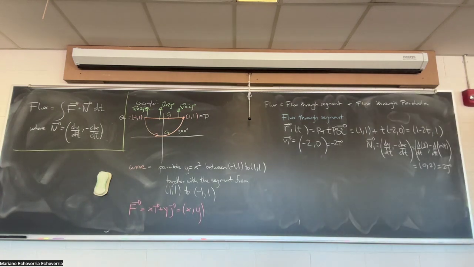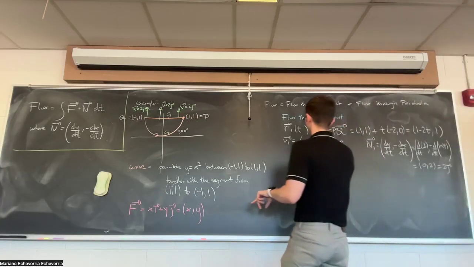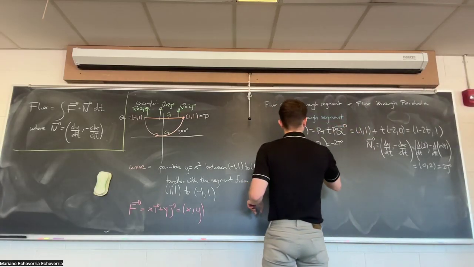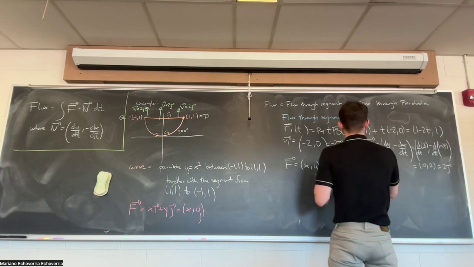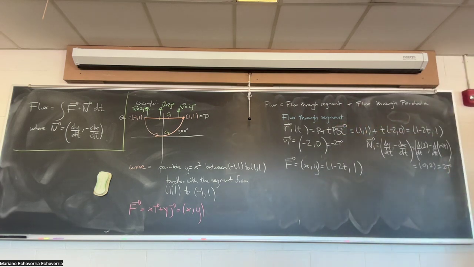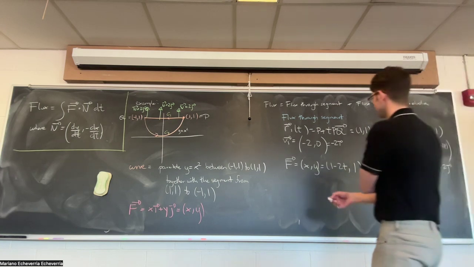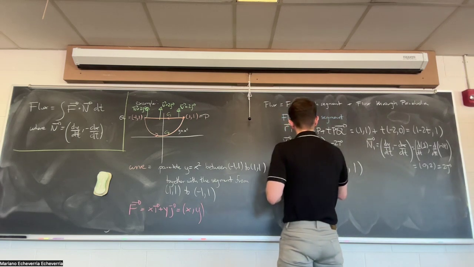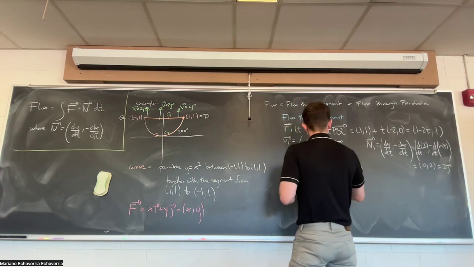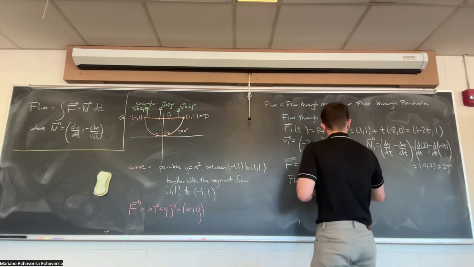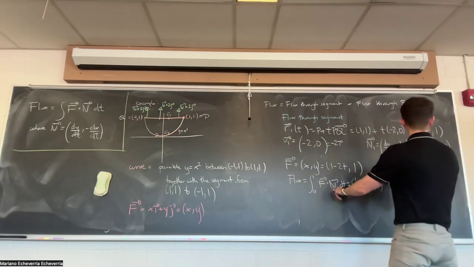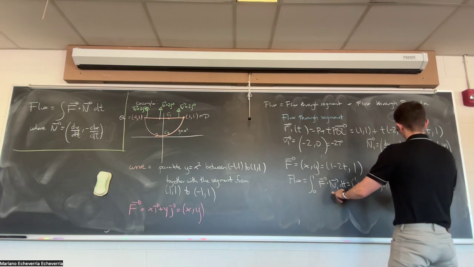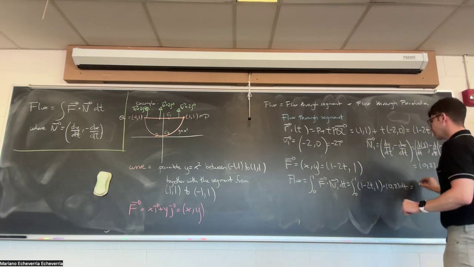Once you have that, you can parameterize the vector f. What is the vector f along this curve? The vector was (x, y), but x is 1 - 2t, and y is 1. So that is what the vector f is along this curve. And so the flux is the integral from 0 to 1 of f dot n. The normal vector is (0, 2), so you just get 2 dt.